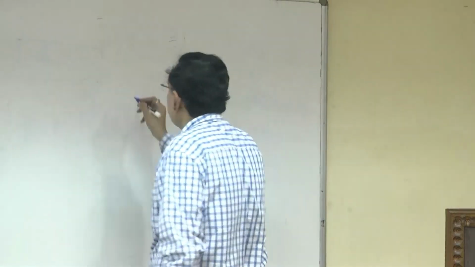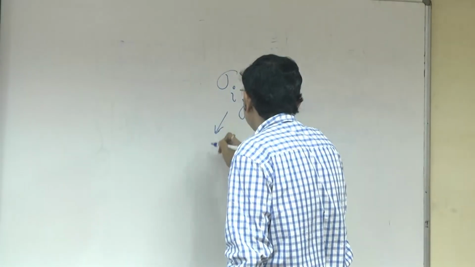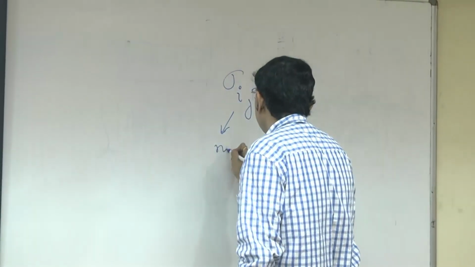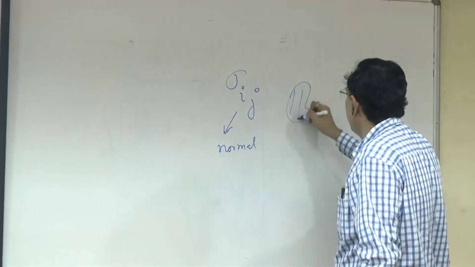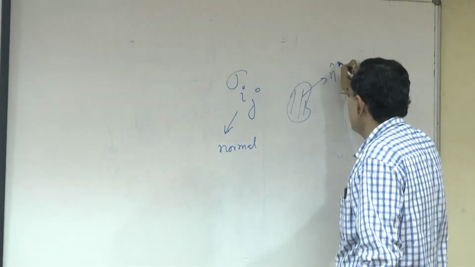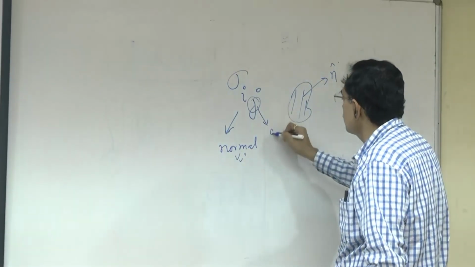So, you have sigma ij. This i represents the direction normal of the area. The area has a normal direction, that is this i, and this j is the direction of the force.